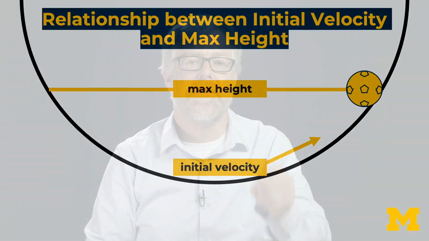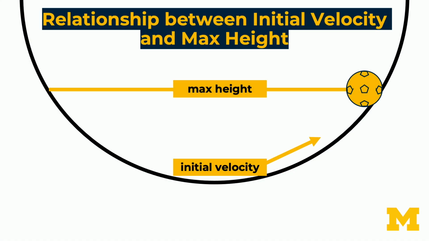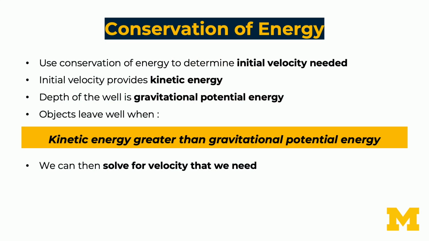We can basically figure out how the initial velocity of a ball and the max height of a ball are related to each other. And we do these things using what's called the conservation of energy. We basically can figure out how much initial velocity we need to get that ball out of the well.